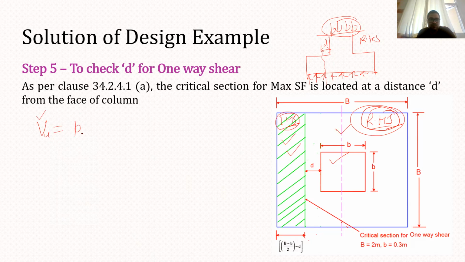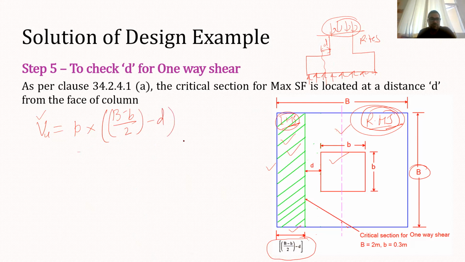We have already calculated P, the net upward pressure, multiplied by the area under consideration. The area has this width B and this width B minus b by 2 minus D. This is how we can calculate the shear force in this case.